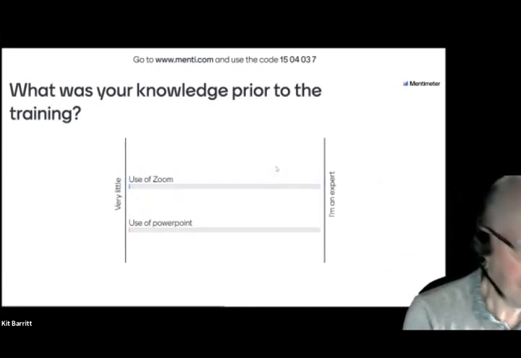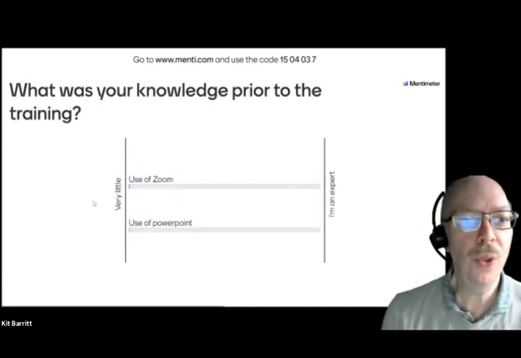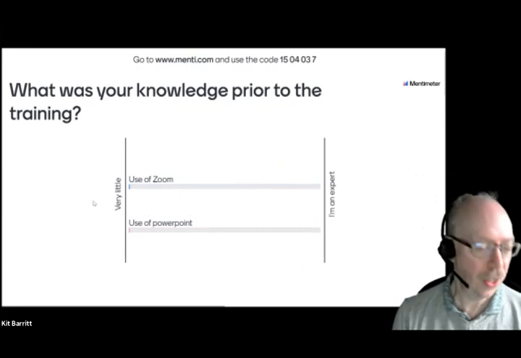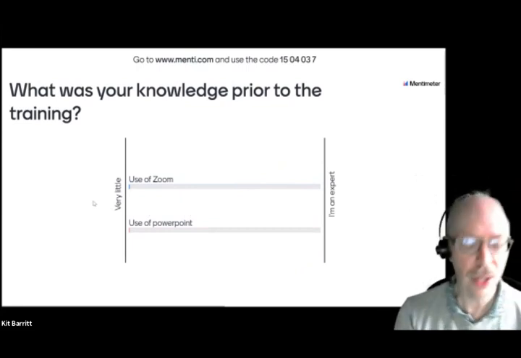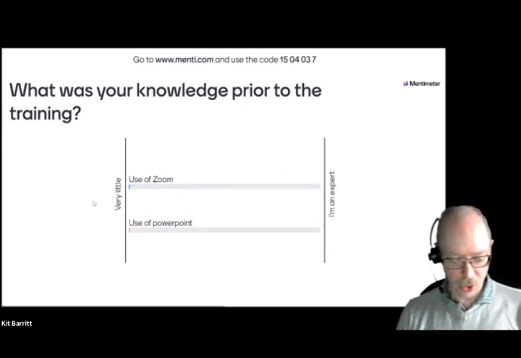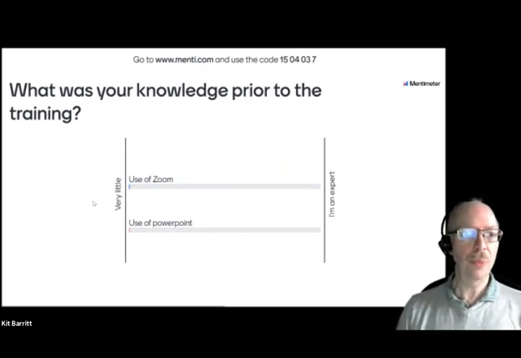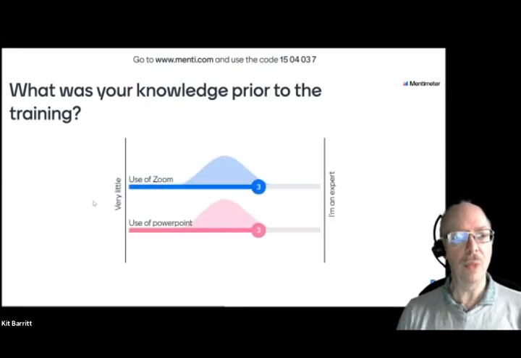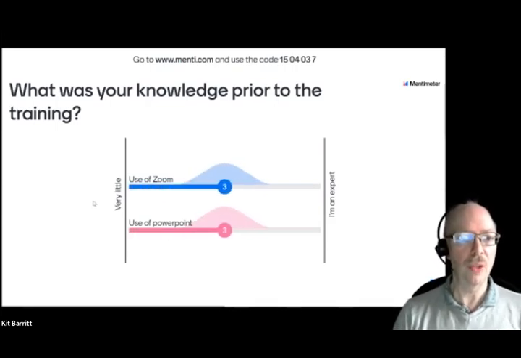Right, it's behaving now. So what was your knowledge prior to the training today? What I'd like you to do is to fill in on the screen in front of you whether it was from very little to a lot, your prior knowledge of the use of Zoom and your prior knowledge of the use of PowerPoint.